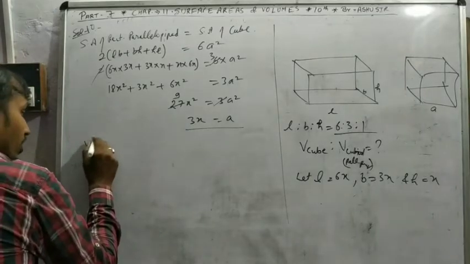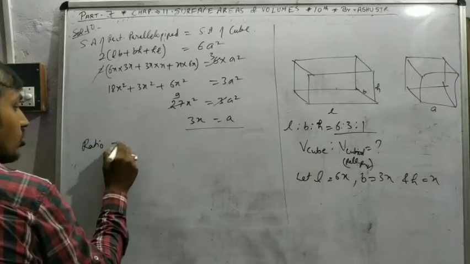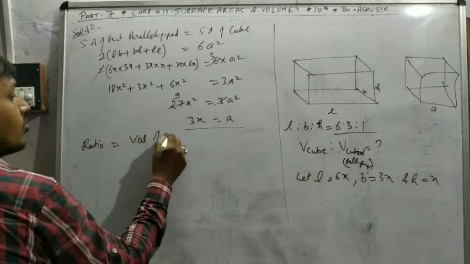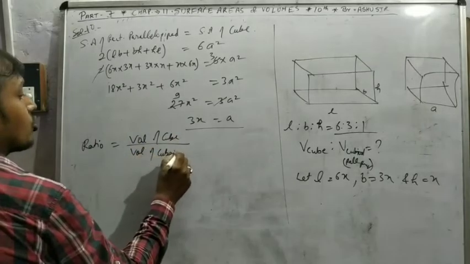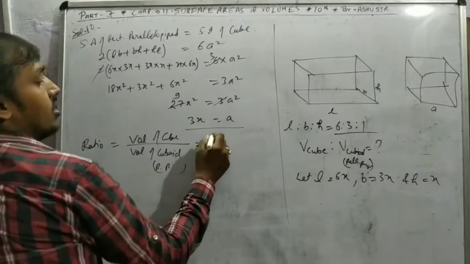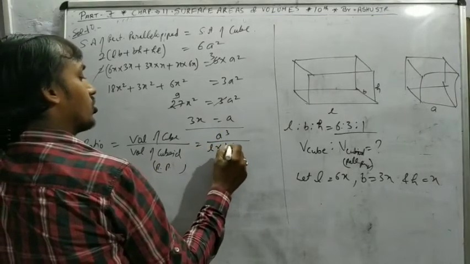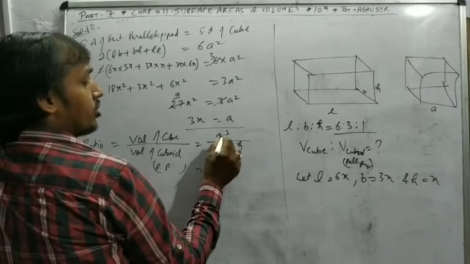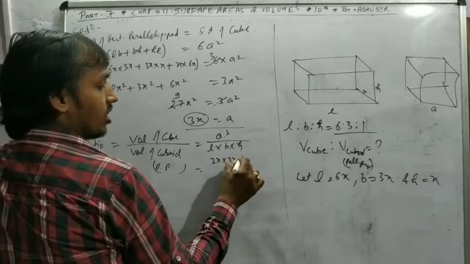Then we want to find the ratio. What's the ratio? Volume of cube upon volume of cuboid, rectangular parallelopiped. A cube upon length into breadth into height. In place of a cube we can put 3x, 3x, 3x.